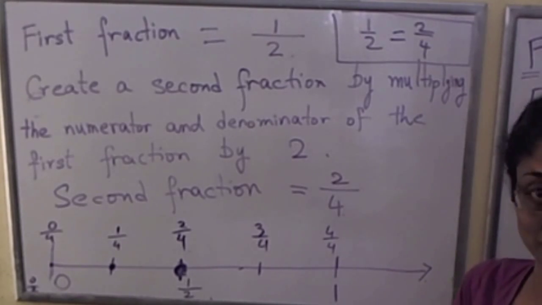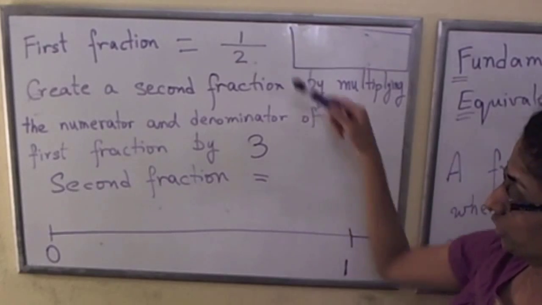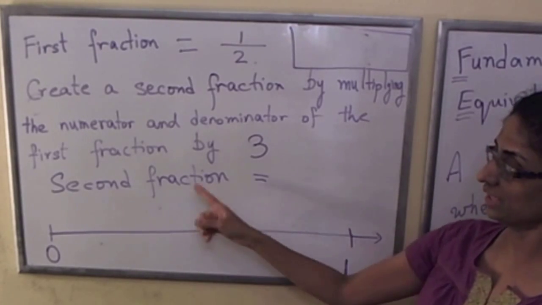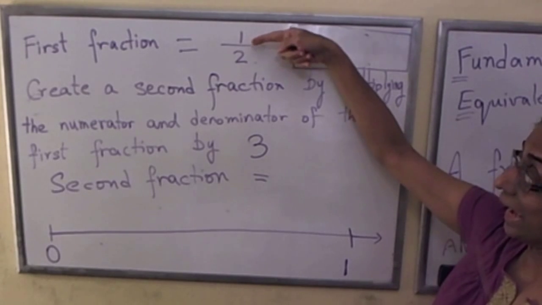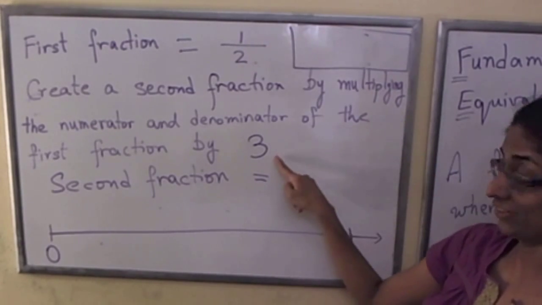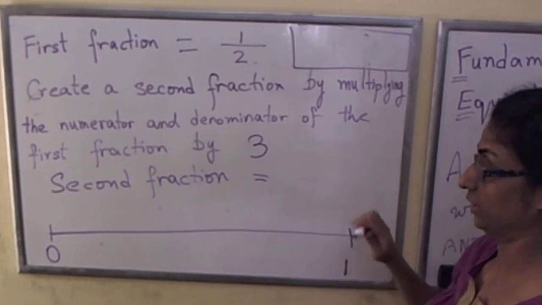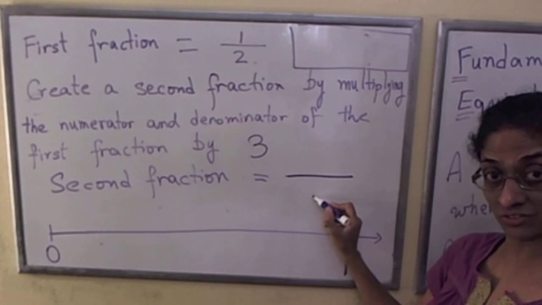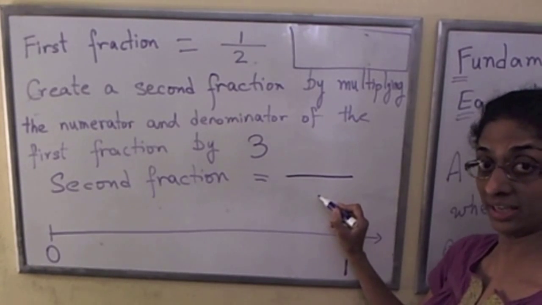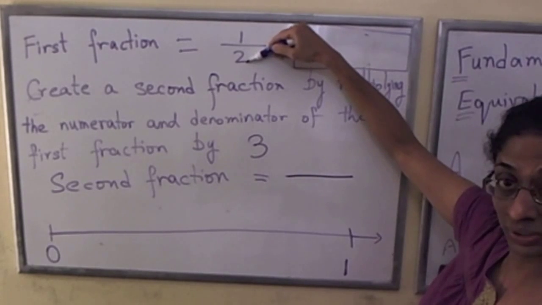So let's try that. Okay, I kept my first fraction as 1 over 2. Let's try to create our second fraction by multiplying the numerator and the denominator by 3, the same number 3. So if you do that, figure out for me what fraction you get, what is your second fraction that you can get by multiplying this number by 3 and this number by 3.